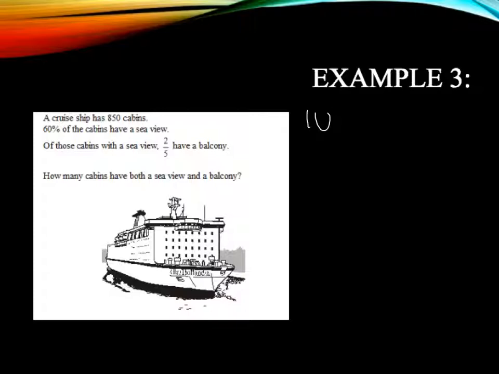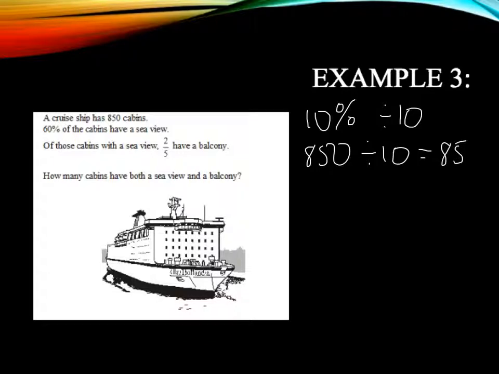Well, 10% is when you divide by 10. So 60%, we're going to do 850 divided by 10, which is 85. So 10% is 85. I want to know what 60% is. Well, that's 6 lots of 10%.